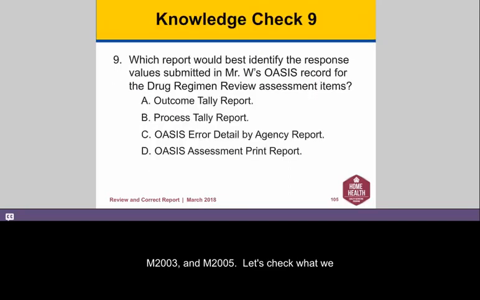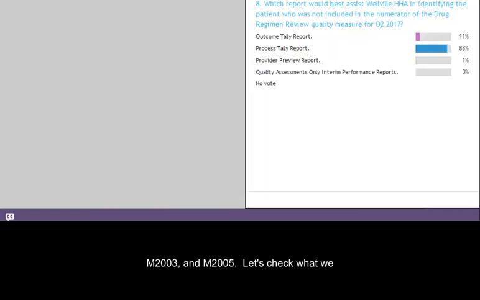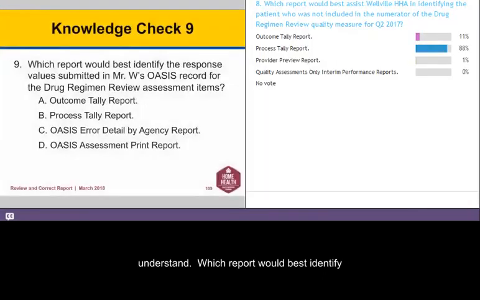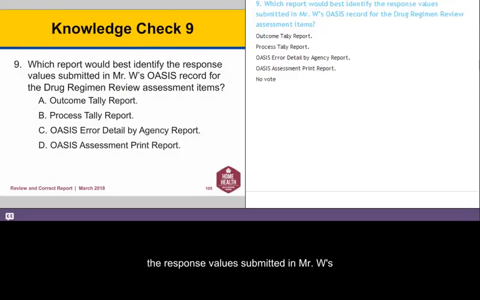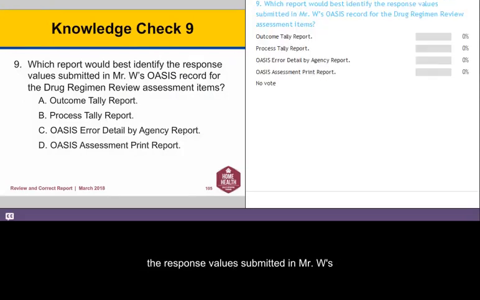Let's check what we understand. Which report would best identify the response values submitted in Mr. W.'s OASIS record for the drug regimen review assessment items? Would this be an outcome tally report, a process tally report, an OASIS error detail, or the OASIS assessment print report?